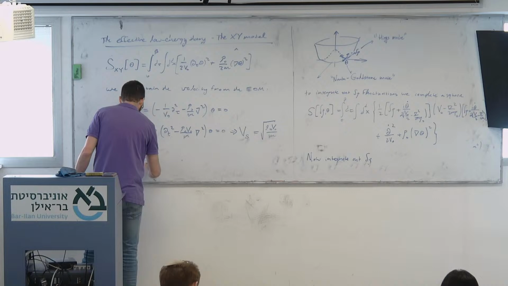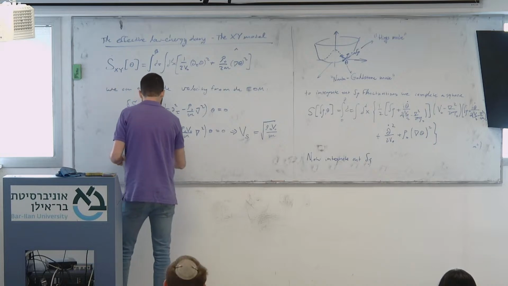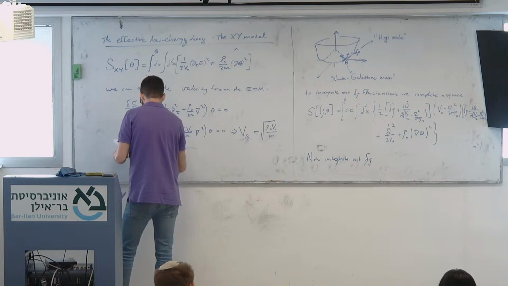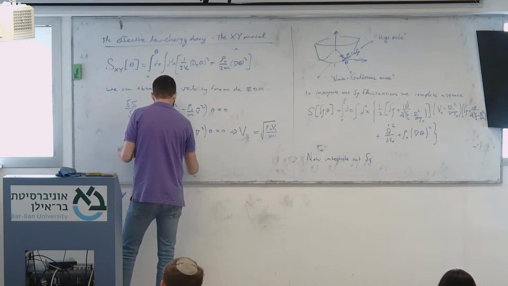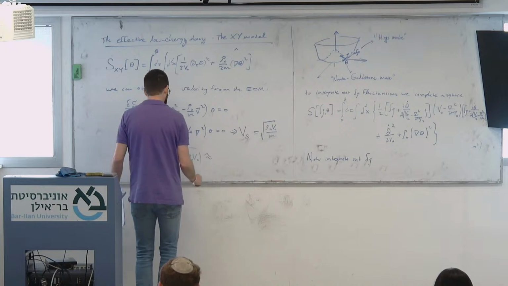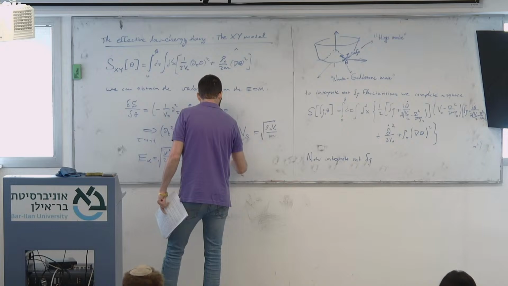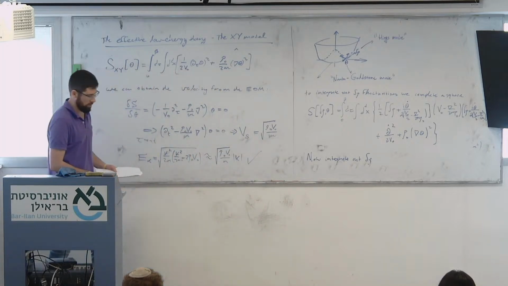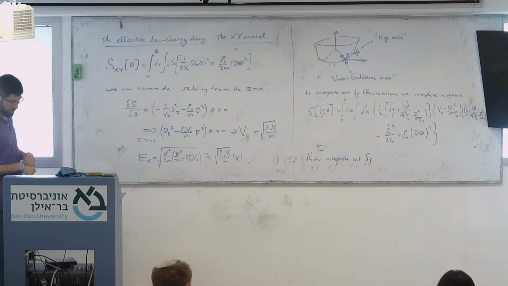So I want to remind you that E_k that we obtained in the beginning of this lecture was the square root of k squared over 2m times k squared over 2m plus 2 times rho naught V naught, which at small k is exactly the square root of rho naught V naught over m times k.